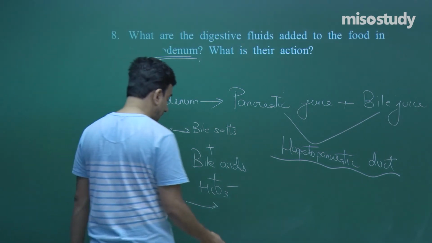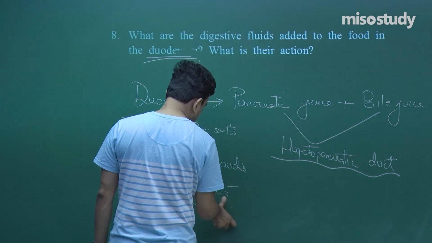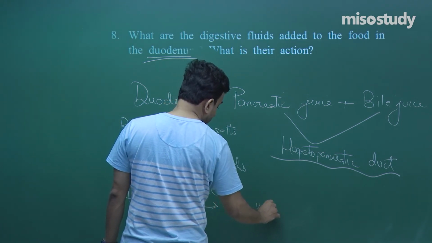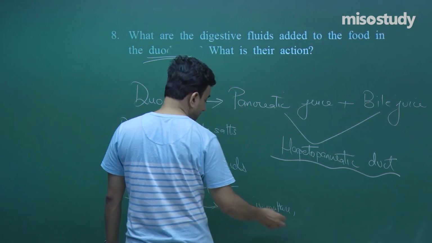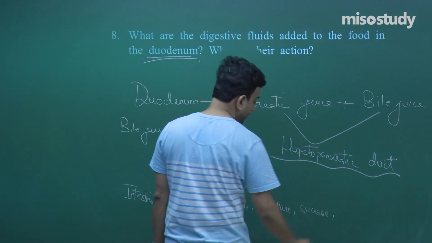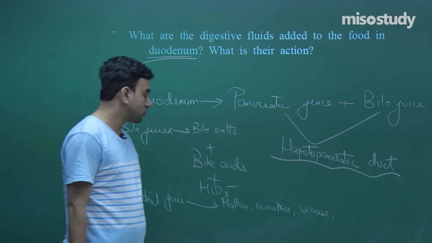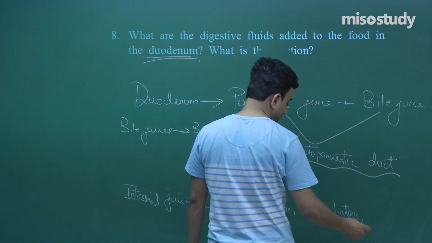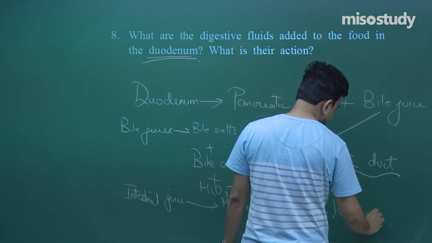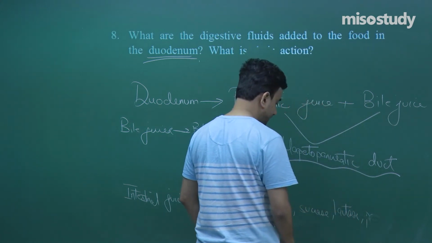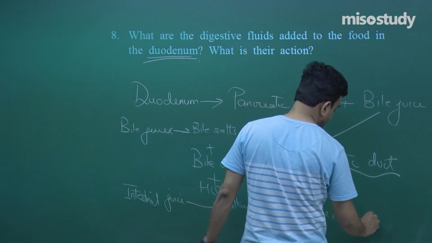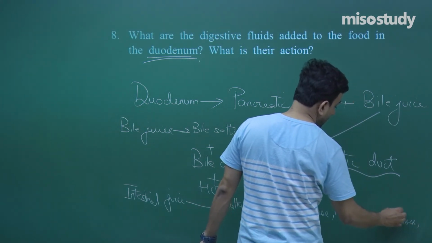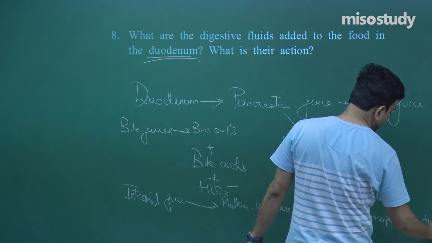For example, this will have the intestinal lipase, maltase, isomaltase, sucrase, lactase, then the aminopeptidases and the dipeptidases.